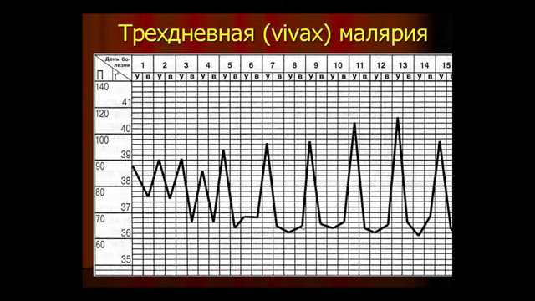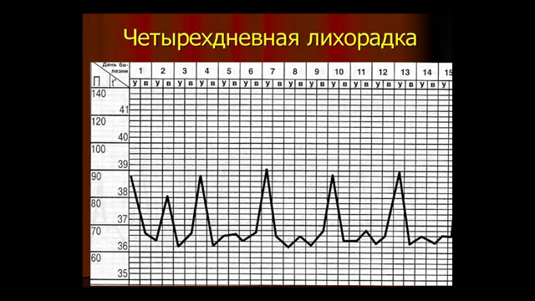Now it even starts in the evening, but the peak is in the morning. Start again, every 48 hours, the cycle is 48 hours, and on each third day, or we can say every other day, the temperature is present. On the 10th, temperature present, on the 11th, temperature absent, on the 12th, temperature present. Temperature every other day. That's vivax malaria.